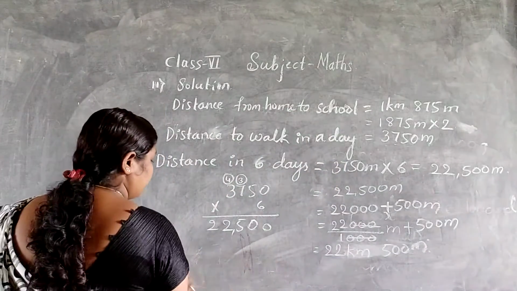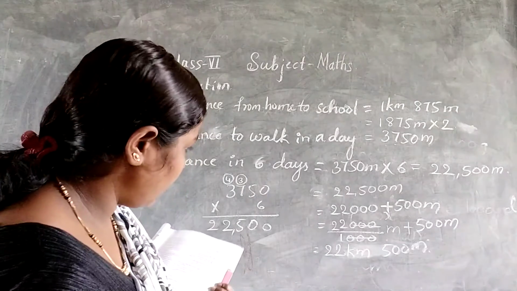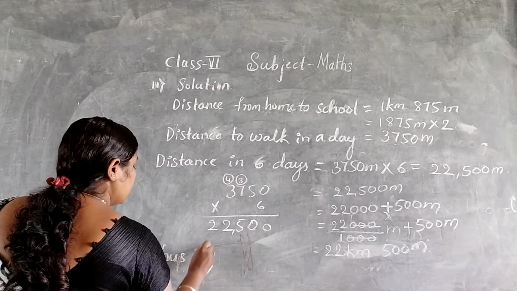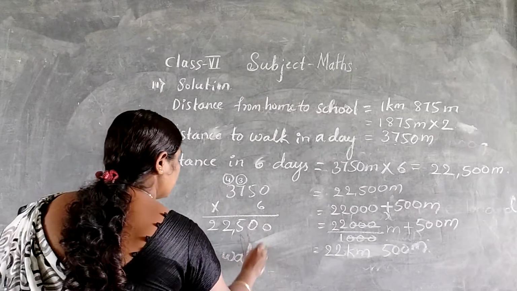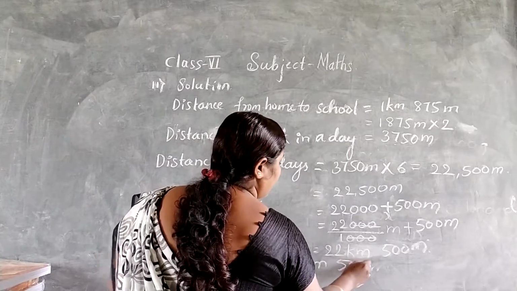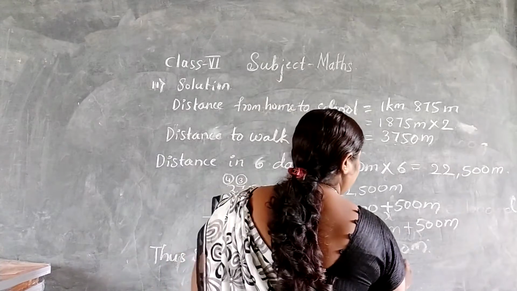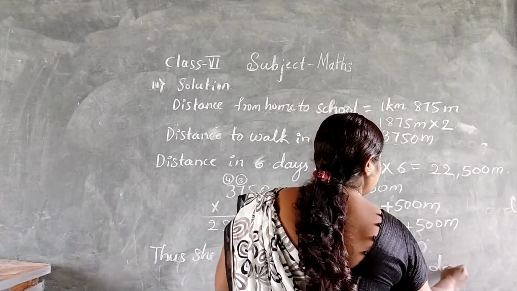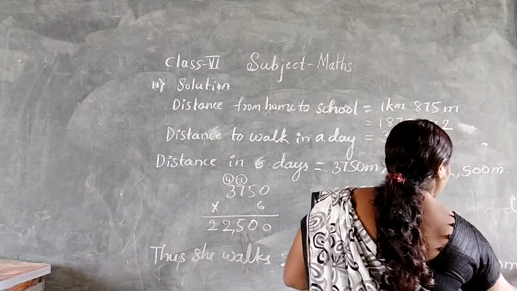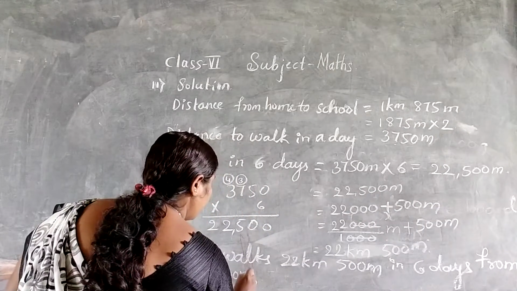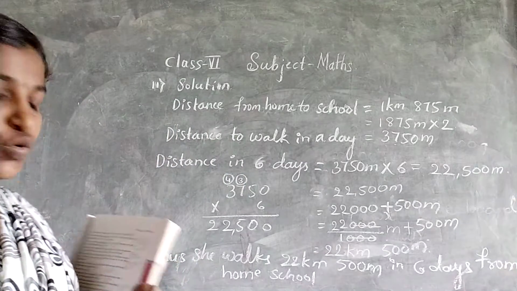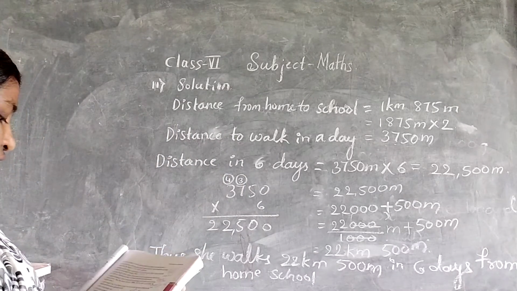Thus she walks 22 kilometer 500 meter in 6 days from her home to school. Okay, 22 kilometers 500 meter.